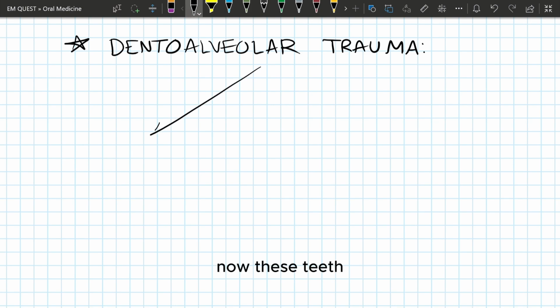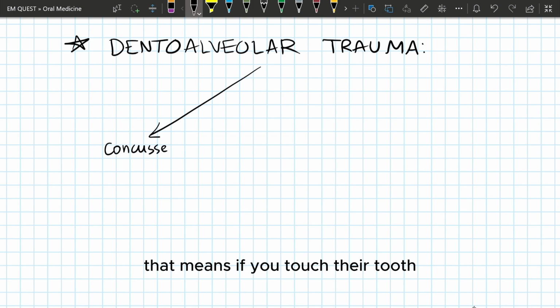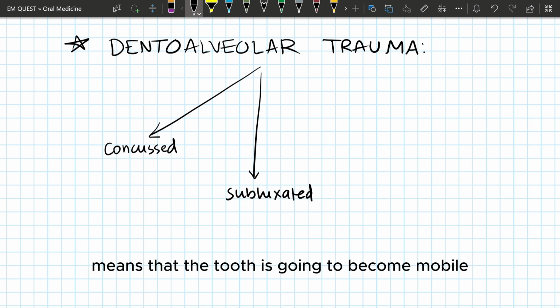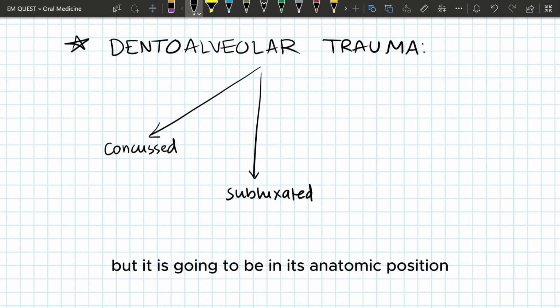Now, these teeth can either become concussed, that means if you touch the tooth, they are going to have pain on percussion. They can be subluxated, which basically means that the tooth is going to become mobile, but it is going to be in its anatomic position.